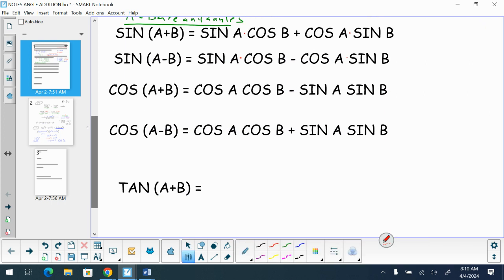We have the cosine of a plus b. Once again, we cannot just distribute this. This is cosine of a times the cosine of b minus the sine of a times the sine of b. And when this turns into subtraction, this turns into addition.